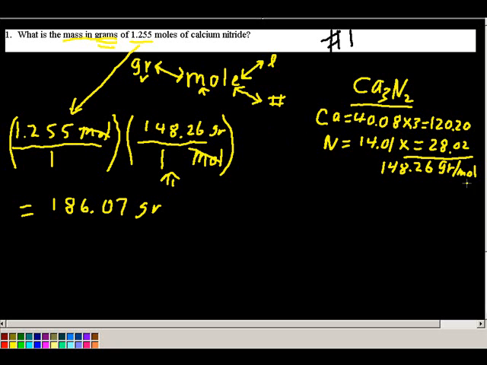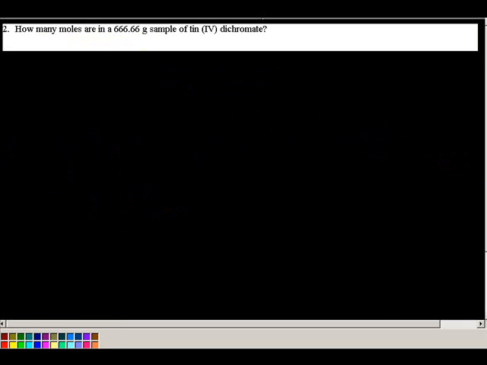Well, 1 mole weighs this many grams, but I don't have 1 mole. I have 1.25. So the number should be bigger than this, and it is. So one might assume that your answer seems reasonable, and it is. So let's take a look at the next problem that was given to you.